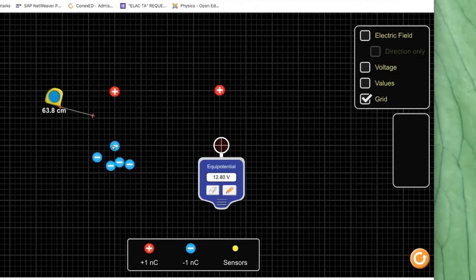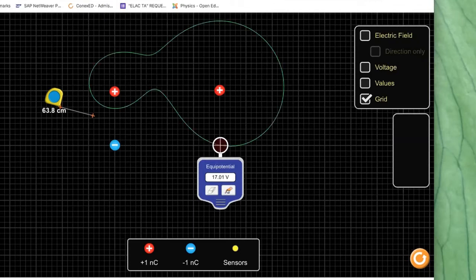Oh, I put too many. Oh, yeah, okay. I was like, wow. Yeah, I had too many negatives. Oh, there you go. Okay, 17.05. I love this feature.